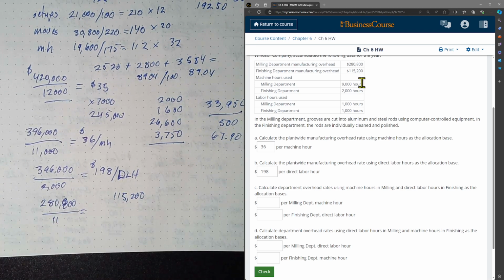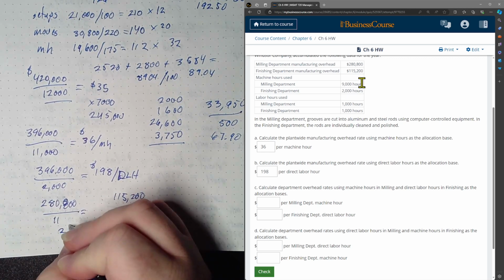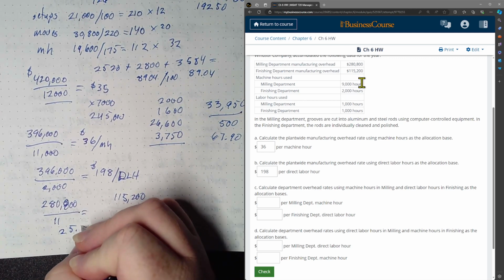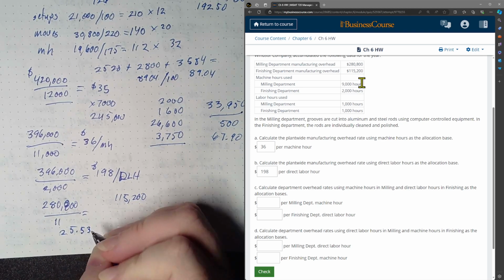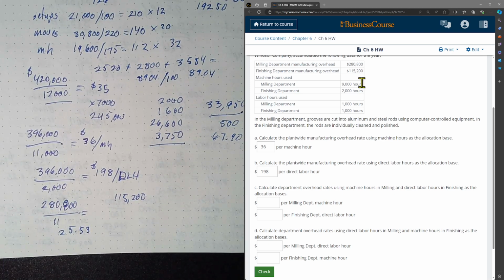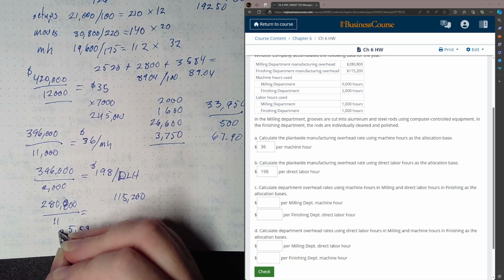So 280,800 divided by 11,000 equals... What is it saying about rounding? No, that's not right.